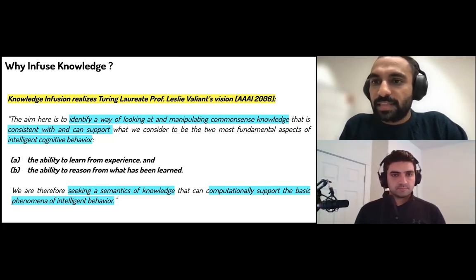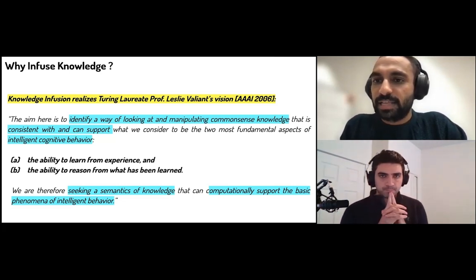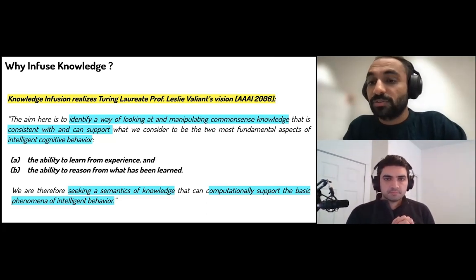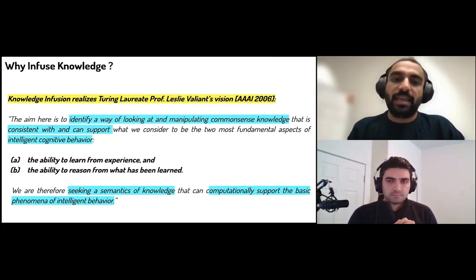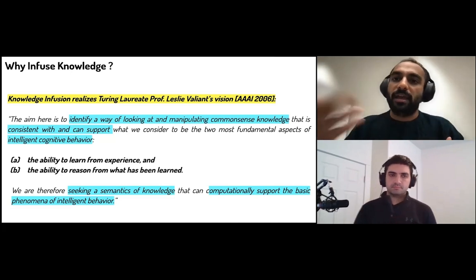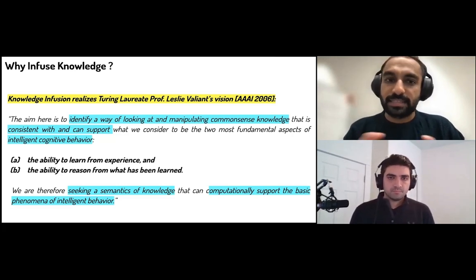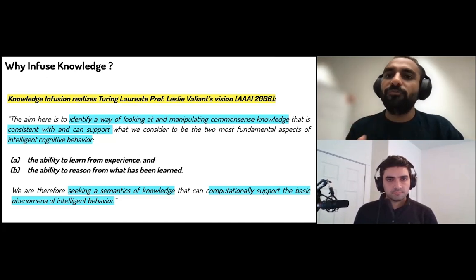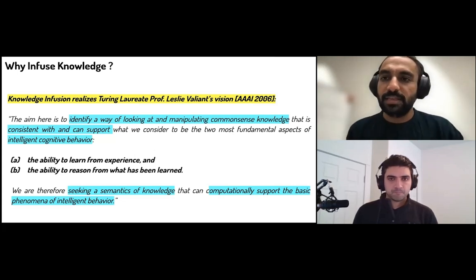My thought relates very well with Turing laureate Professor Leslie Valiant in his phenomenal paper in AAAI 2006, where he specifically mentioned that the aim of AI in the forthcoming eras is to identify a way of looking at and manipulating common sense knowledge that is consistent with and can support two fundamental aspects of cognitive behavior, which is the ability to learn from experience and the ability to reason from what has been learned.